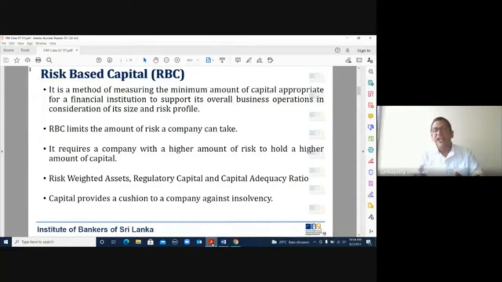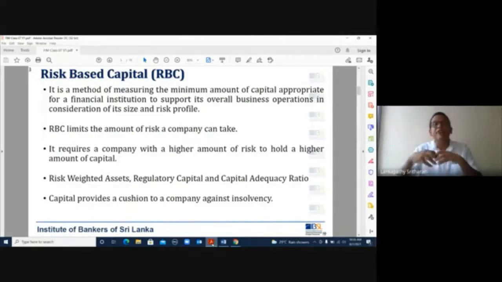In Sri Lanka also, we have already implemented the Basel III document. This is just for your general knowledge. If somebody asks whether Sri Lanka has complied with Basel III, yes, of course, we are following Basel III for banking business, so banks have to maintain it.